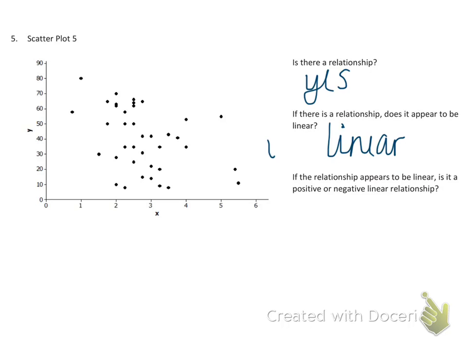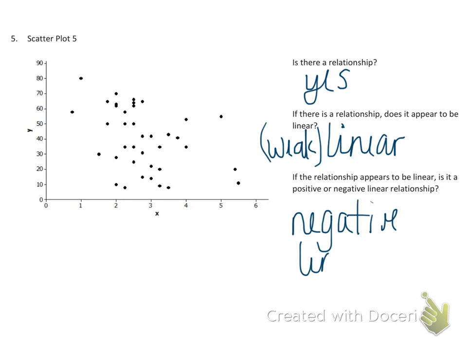It's kind of hard to know even where I would draw my line, somewhere like that. And if it is a linear relationship, it's going to be negative, right? Because I was tracing out a negative slope there, a negative linear relationship.